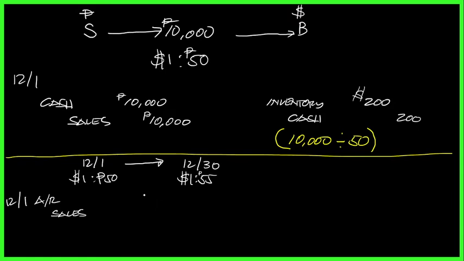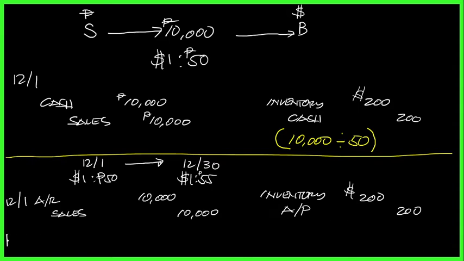Now, in the books of the buyer as of this date, there will be a debit to inventory or purchase and credit to accounts payable amounting to $200.